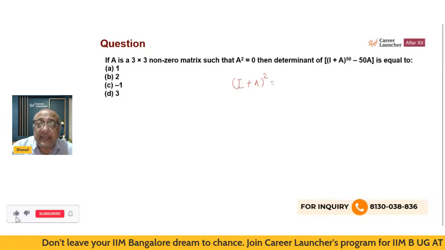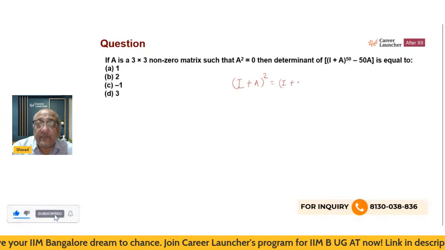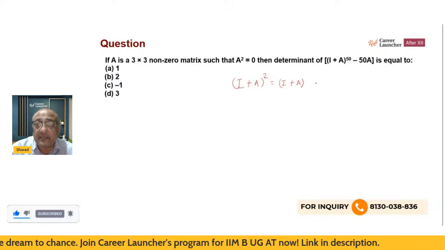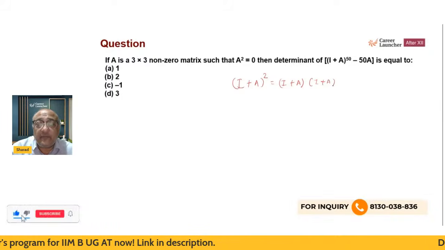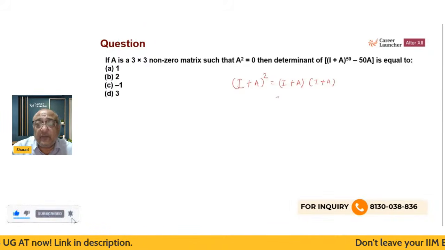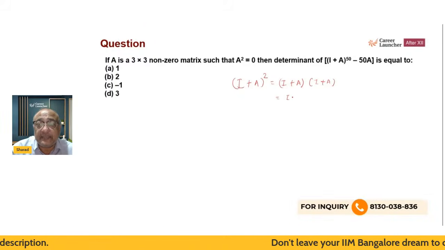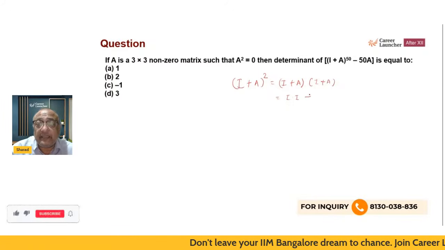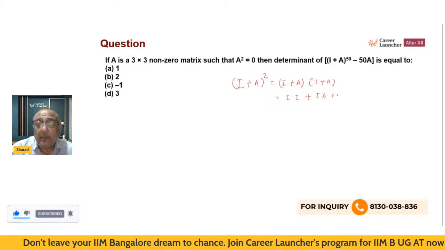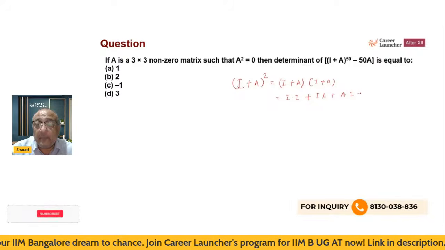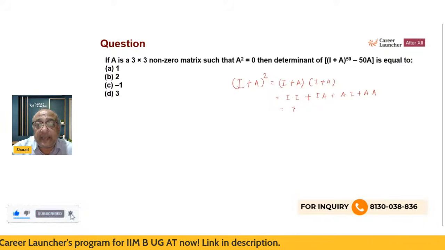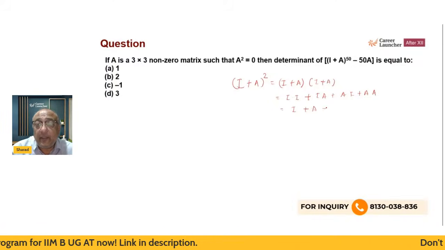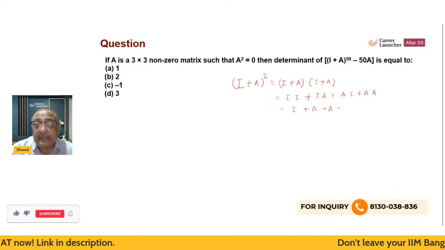So I plus A square will be nothing but I plus A, where I is the identity matrix. That must be written here, but we have removed it because each one of you is aware that I is an identity matrix. So multiply I plus A into I plus A: I into I is I, I into A is A, A into I is A, and A into A is A square.